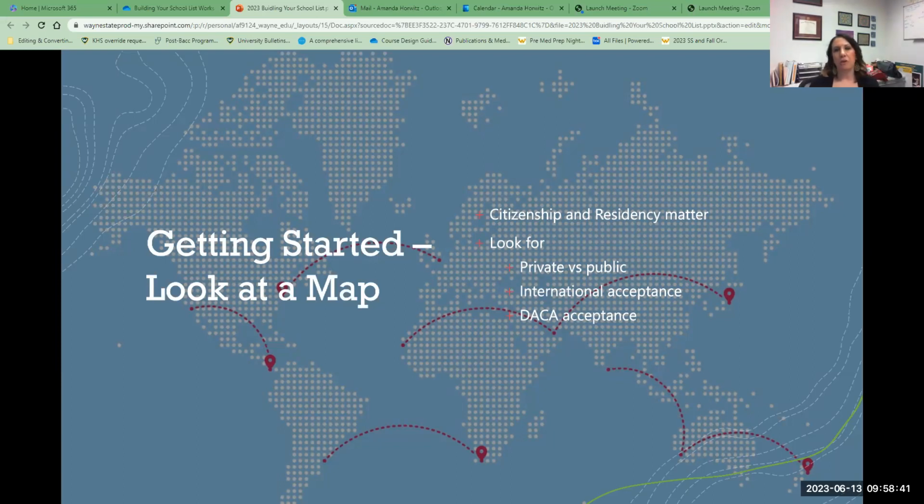When you are starting this process, begin by considering these factors to create your big list and then narrow, so you're at least choosing schools that make sense in terms of your residency and what the data tells us about likeliness of being interviewed and accepted.